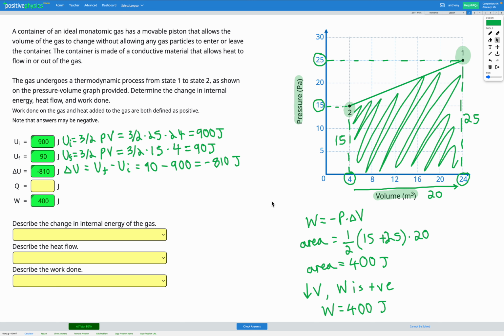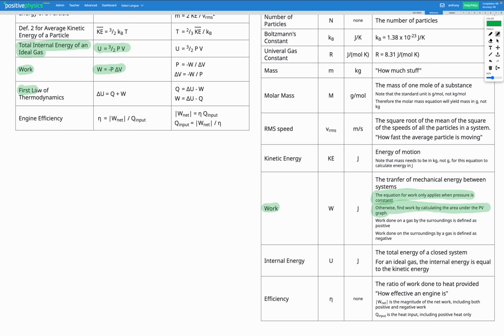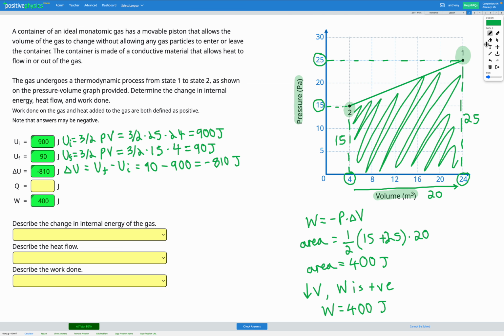Now we can go ahead and use the first law of thermodynamics to find Q. Here's the first law of thermodynamics. It says that delta U is equal to Q plus W. We're trying to find Q, so we're going to subtract W from both sides so that it cancels out on the right.